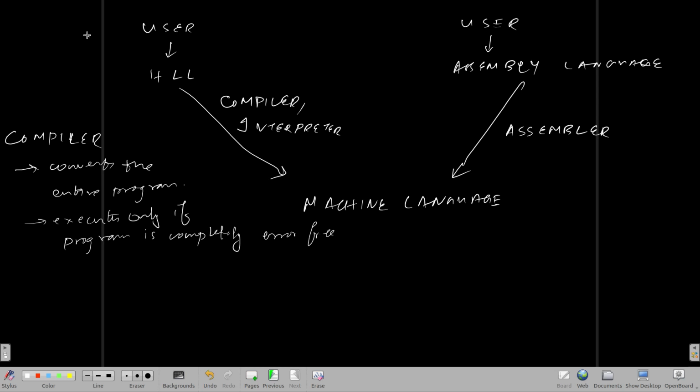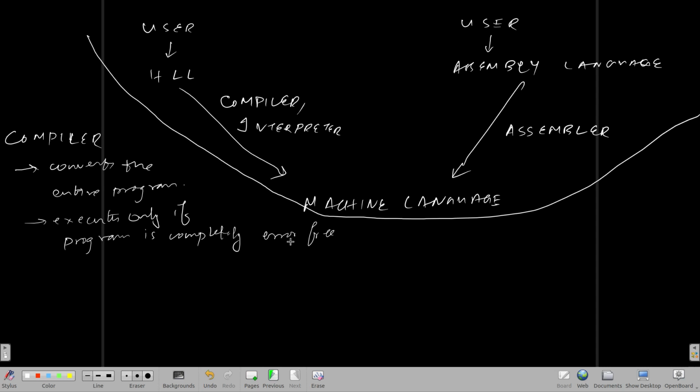We will talk about what errors there are later. Error free means there should not be any mistake as far as the language that you are using is concerned, and some basic logical mistakes also you will find, right?